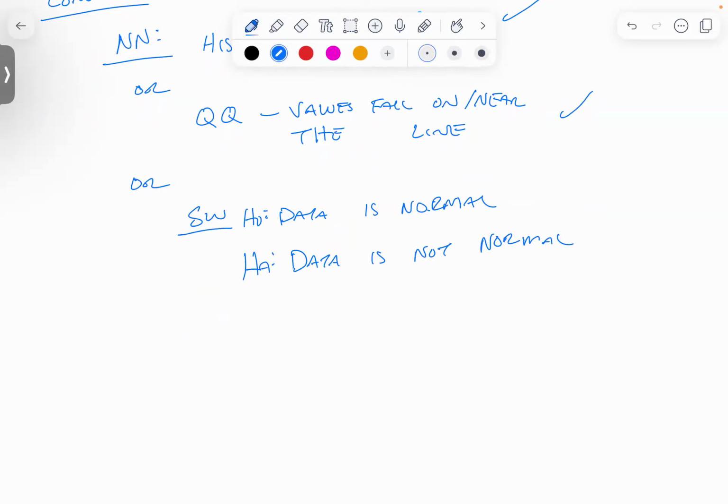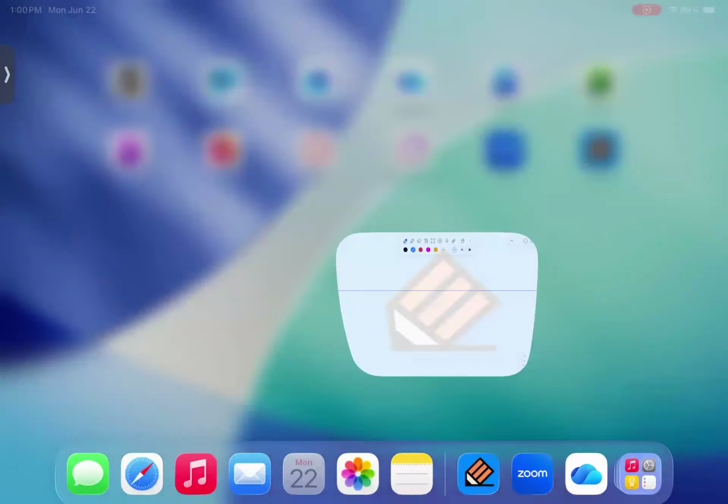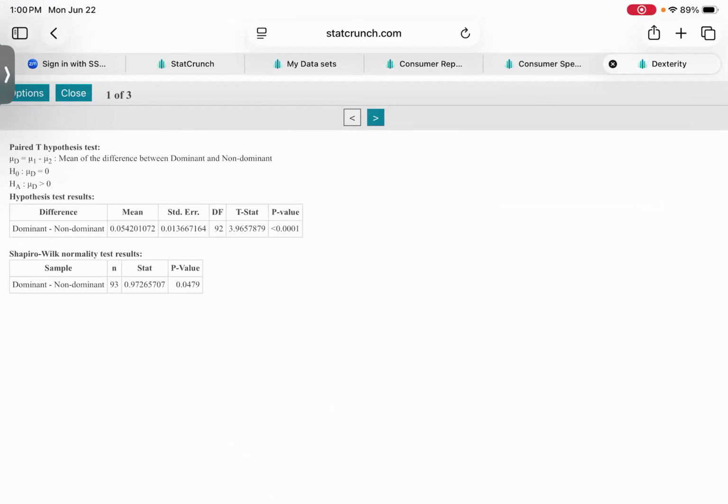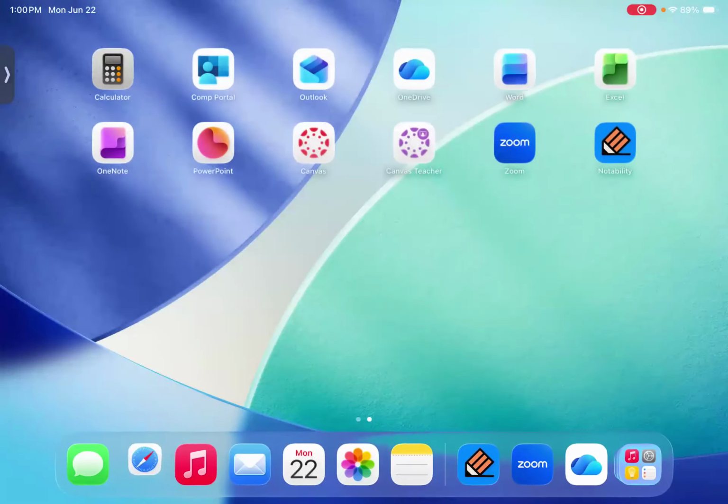All right, so Shapiro-Wilk normality test. H0: data is normal. HA: data is not normal. The p-value is presented to be 0.0479.